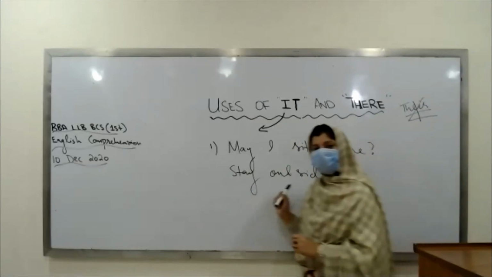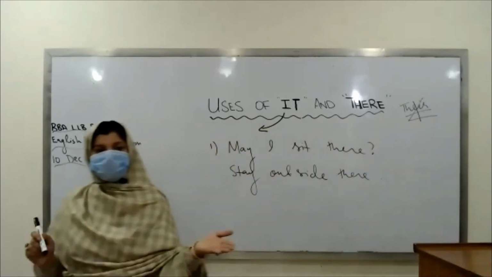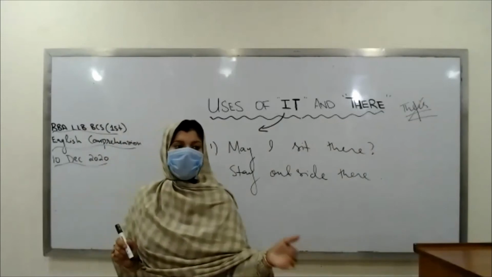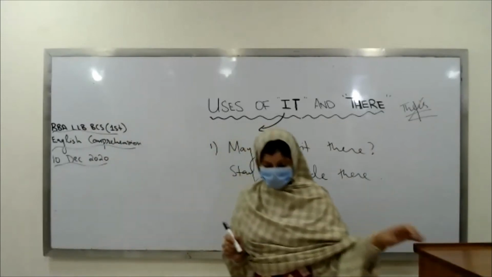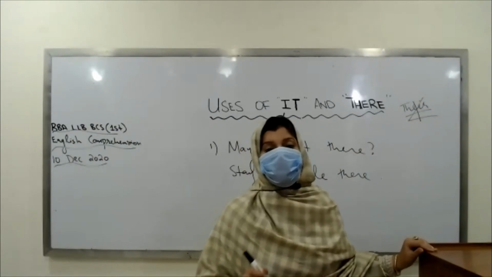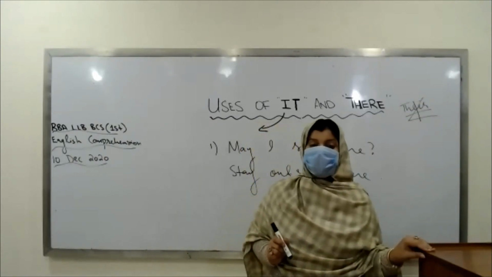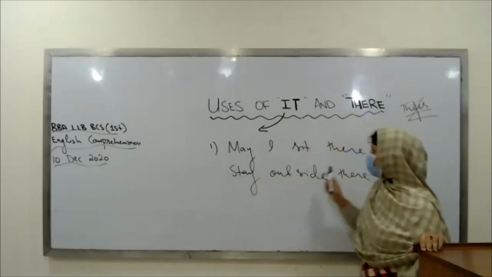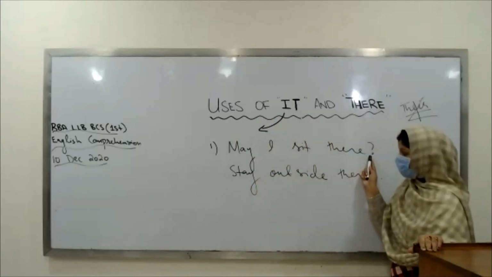Now here what you are doing, you are pointing out towards any location. You are pointing out towards any place in a sentence. So that representation, that expression of location and place is actually done with the help of there, right?